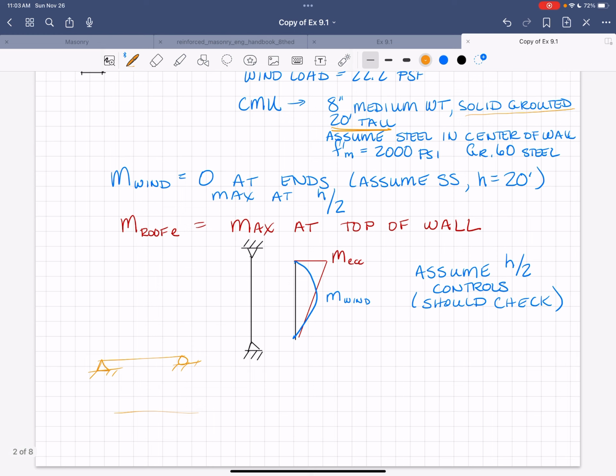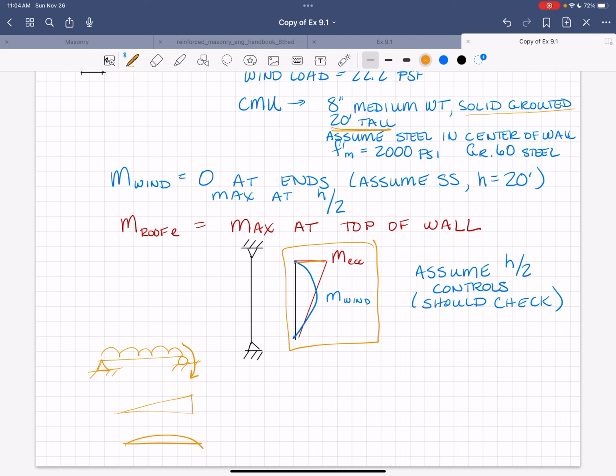So I've got my concentrated moment at the top, which looks something like this, or in the other direction. And then the normal moment we're used to from wind load does this. What I'm showing here is the two of these together.